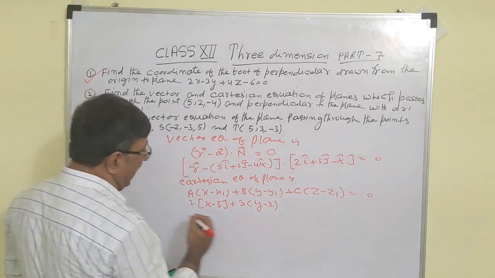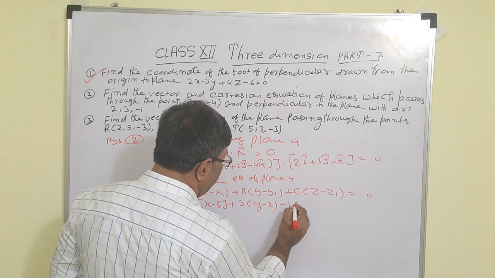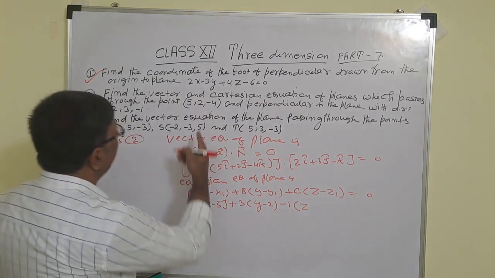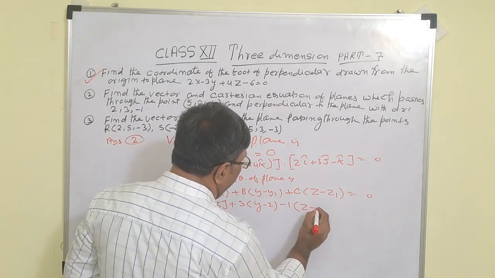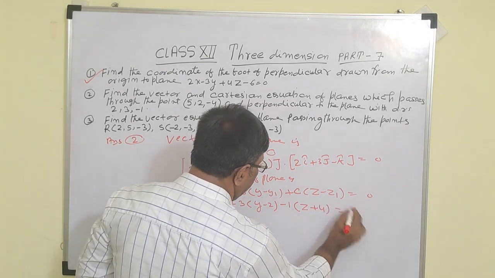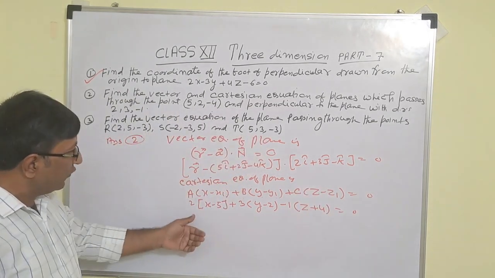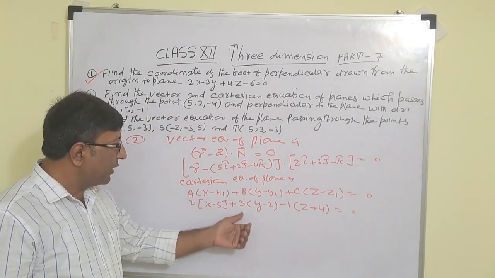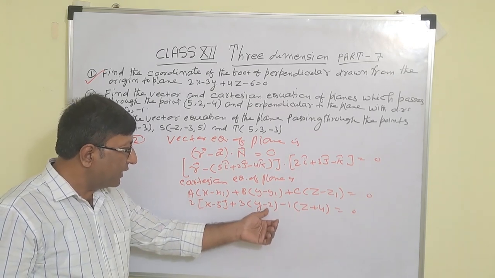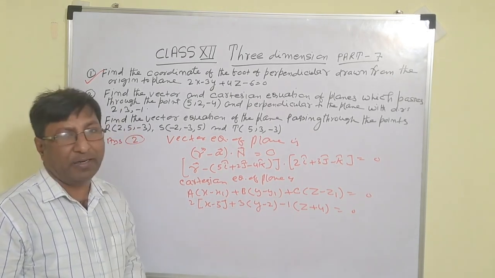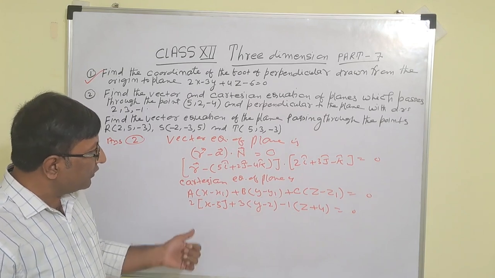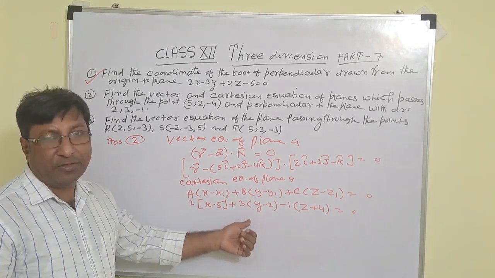Again c is given as minus 1, so this is minus 1 into (z minus (minus 4)), so minus plus. So this equals 0. So 2 into (x minus 5) plus 3 into (y minus 2) minus (z plus 4) equal to 0. This is the Cartesian equation of the plane.